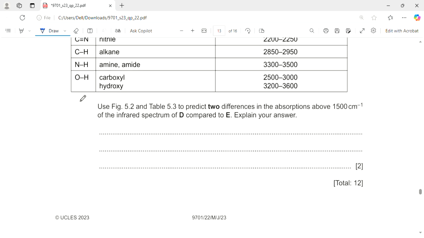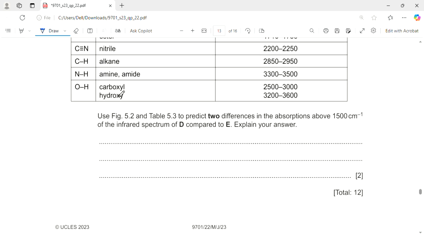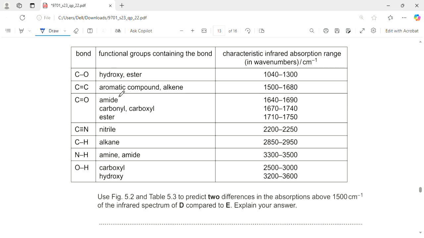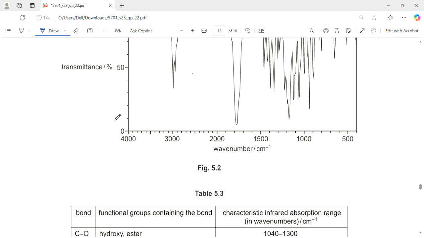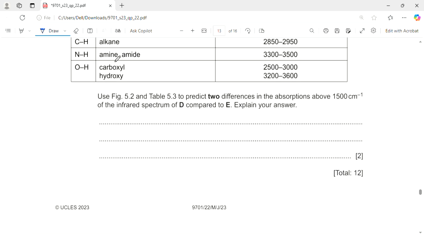E must contain an ester, which is above 1700. This is the peak for the ester. E contains an ester.